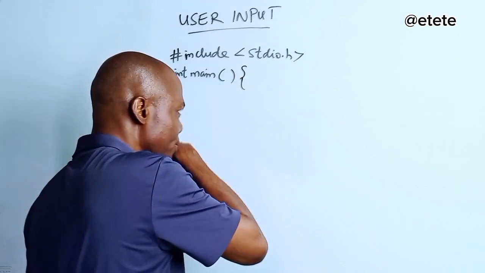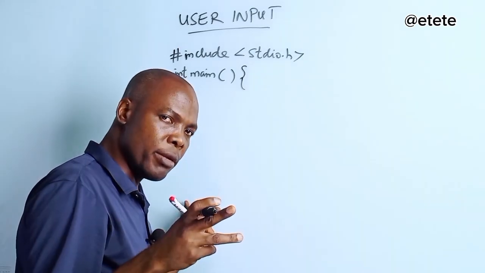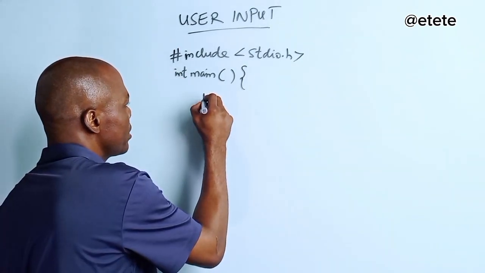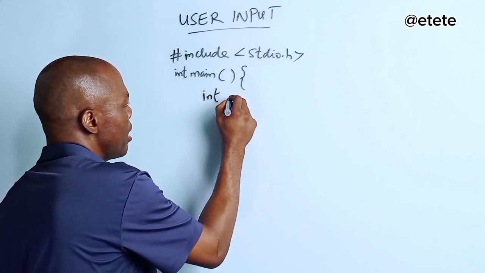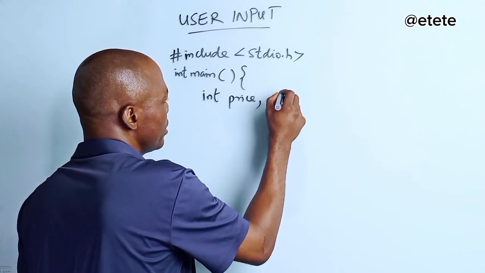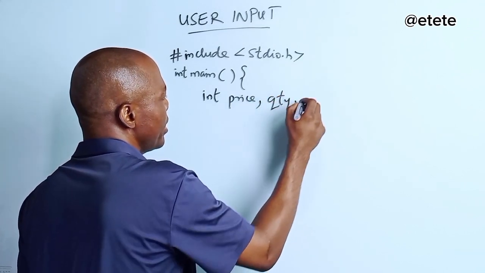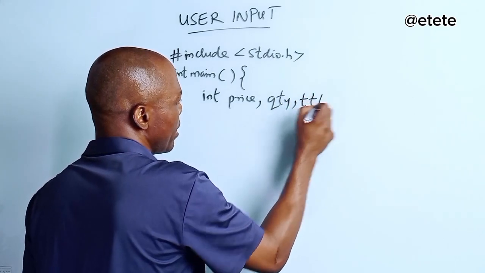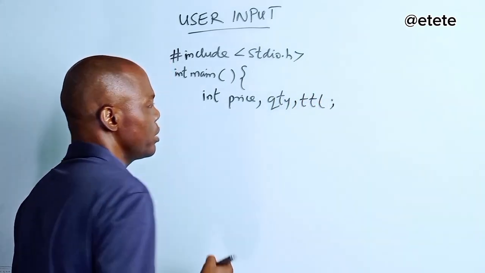Now I'm going to declare three variables. So I will say int, I will declare the first one, price, then quantity, right? And then total. I'll just name it this way, and then I'll close this statement.